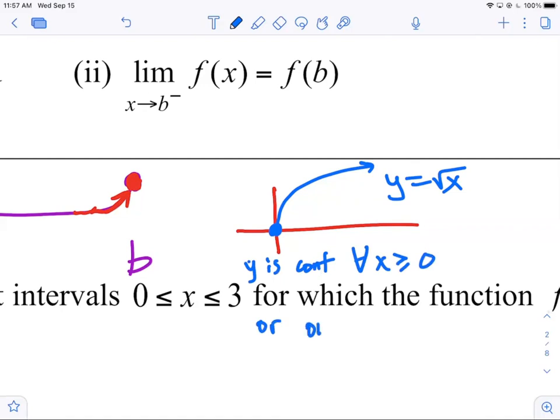Or you could say on the interval from 0 bracket to infinity. Now, if you state the domain as all x greater than or equal to 0, and it's listed somewhere, then you could say it's continuous over its domain. But without the exception to the rule, the three-step definition, we would not be able to include 0, would we? Because there's no road coming in from the left.